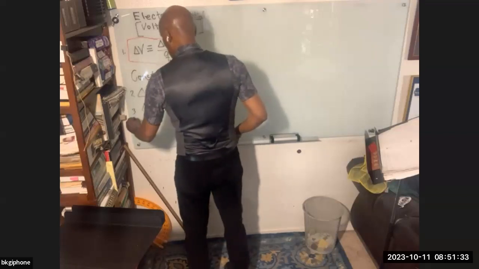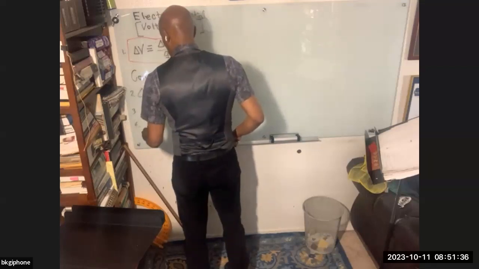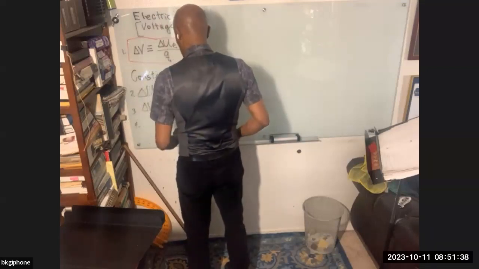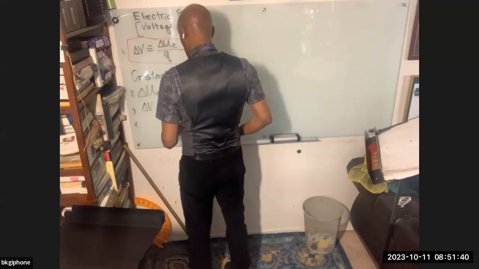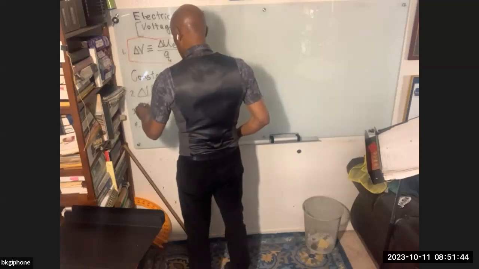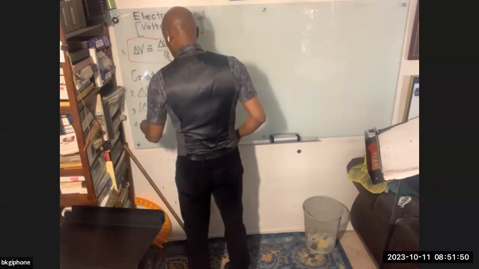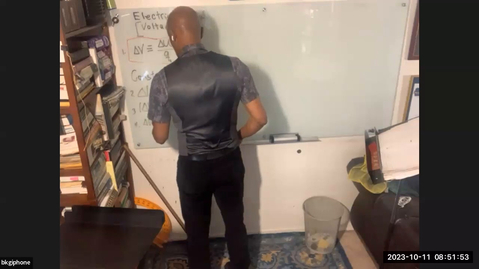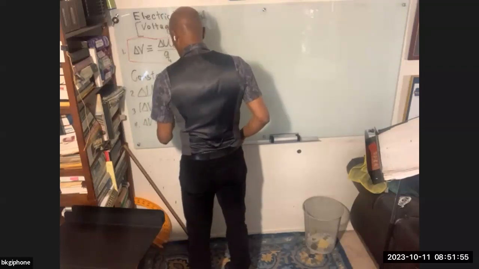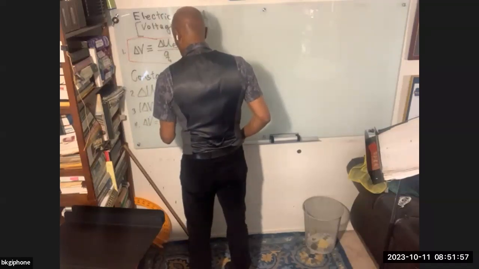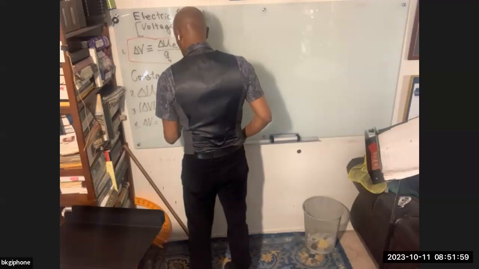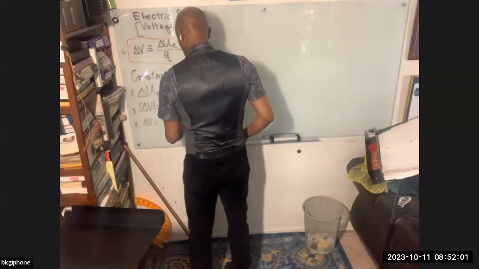And in general, I guess I should put in, there's a negative sign here. I'll do the absolute value. But in general, delta V is equal to the negative of the integral of E dot dx.